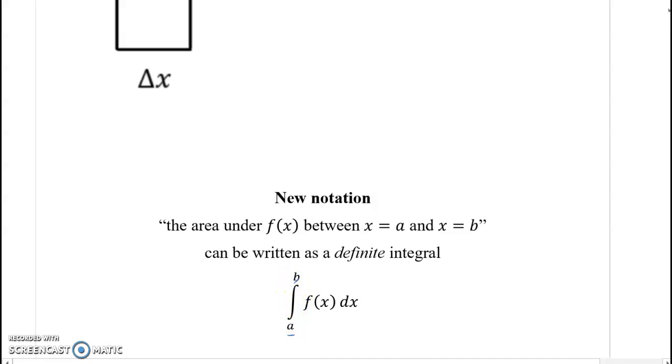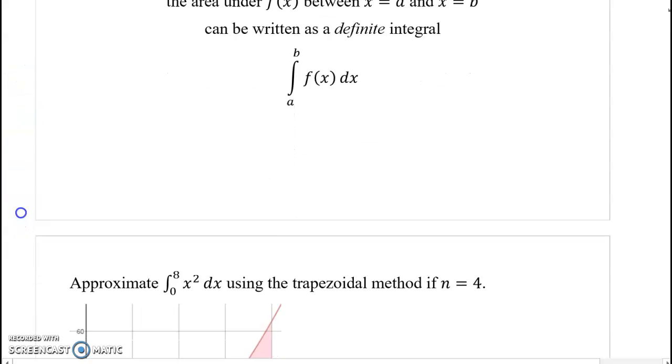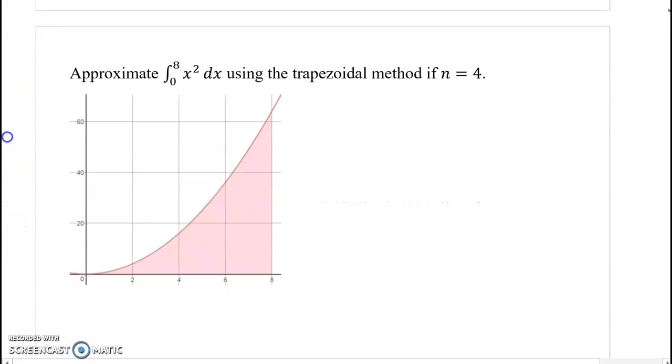It looks like we're talking about an antiderivative, and it turns out there is a relationship between antiderivatives and the area under the curve. But for now, let's just accept that this definite integral from a to b of the function f of x dx is going to represent the exact area under the curve between x equals a and x equals b. So that's the notation we're going to see a lot in this section.